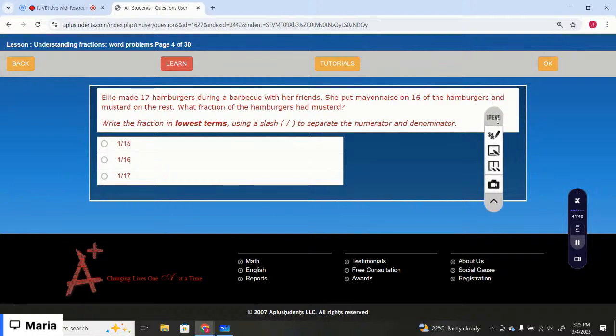What fraction of the burgers had mustard? So, that is 1 out of 17. But okay, she put mayonnaise. You have to find what fraction of the hamburgers had mustard. So the one you are left with had mustard. That is 1 out of 17.